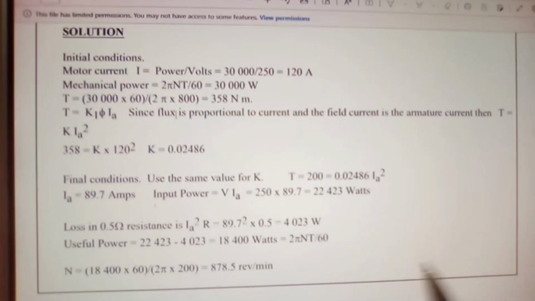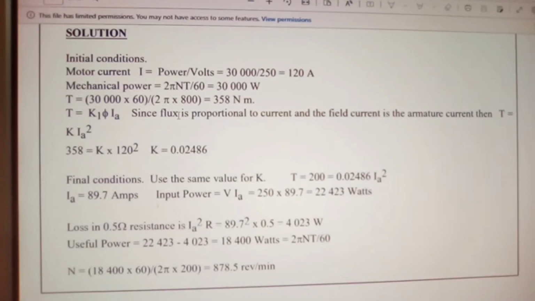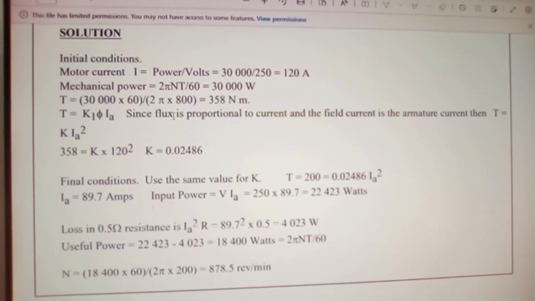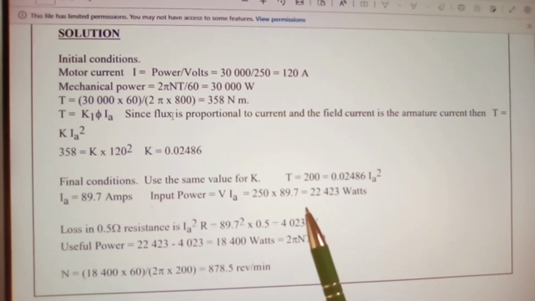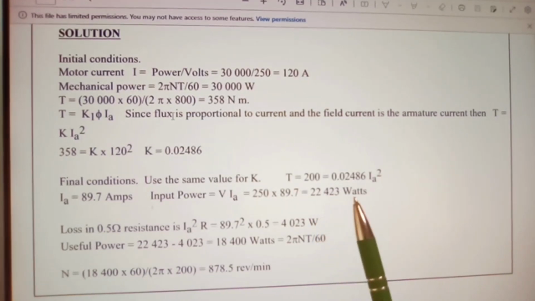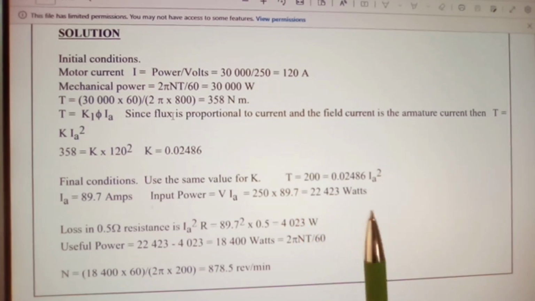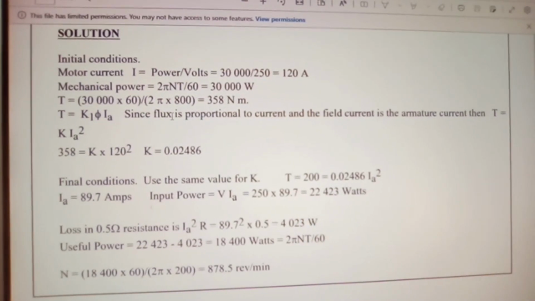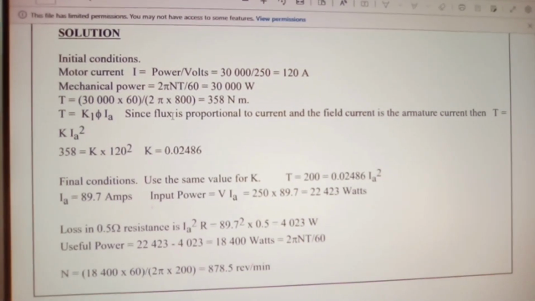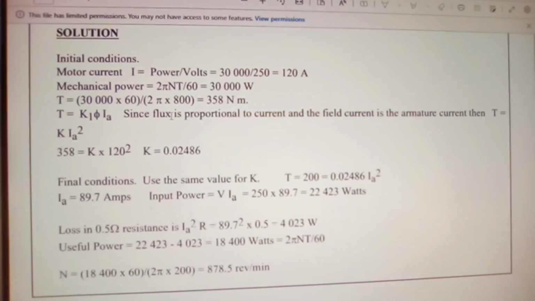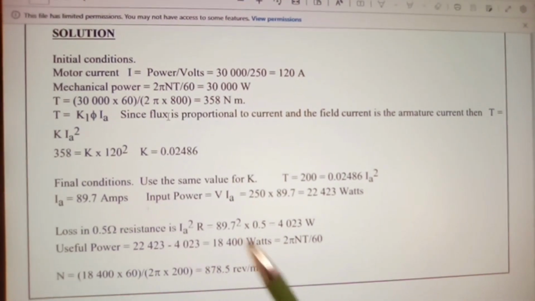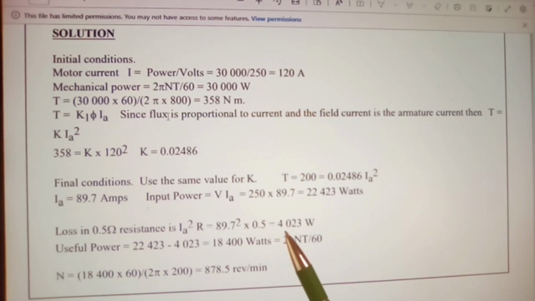Input power: 250 times 89.7 equals 22.23 watts, in short, 22.4 kilowatts. Loss in 0.5 ohms resistance is IA squared times R equals 89.7 squared times 0.5 equals 4 kilowatts.